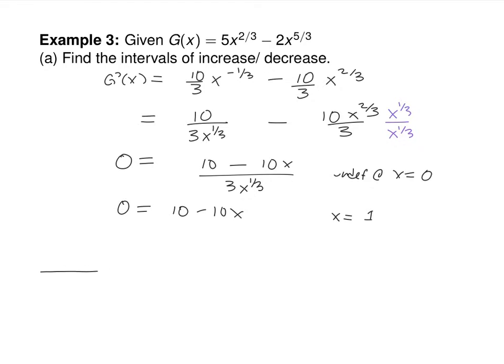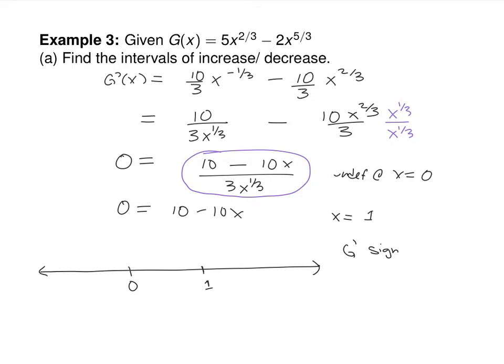Okay, so now you make your number line chart, capital G prime's sign. So we have 0 and 1, and we pick test numbers. And probably easiest to test in that one. So say test, I don't know, -1.